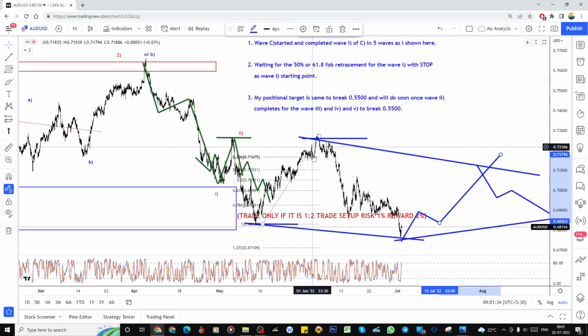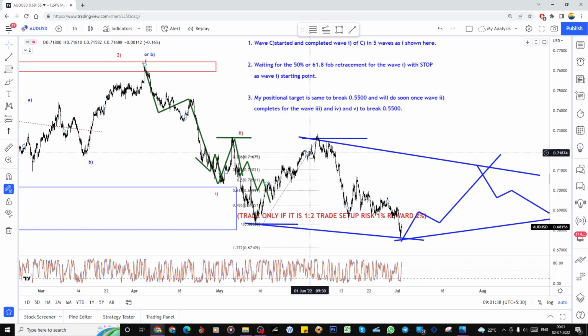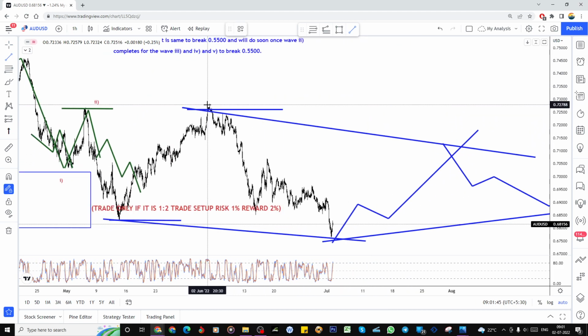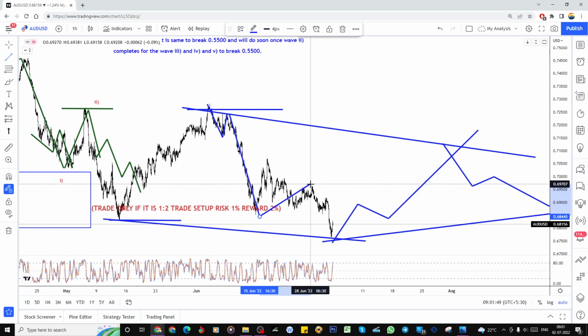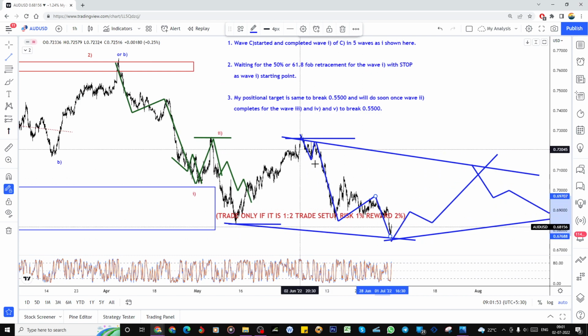This could be the double zigzag, and if it is in the correction part and we are in that downside, here somewhat it's looking like, look at this, 1 2 3 4 and 5. It looks like the 5-wave structure has got completed here.